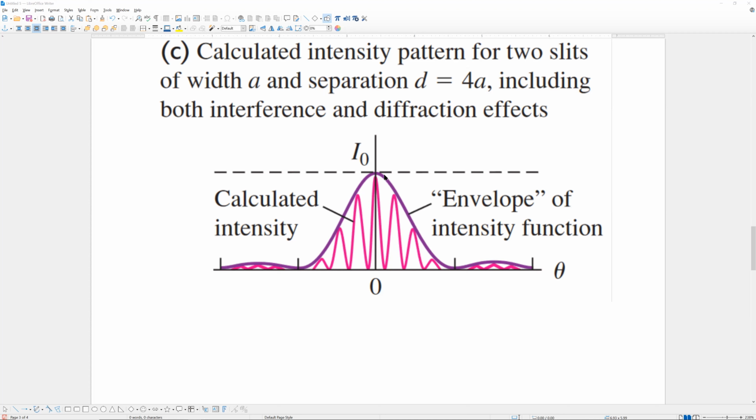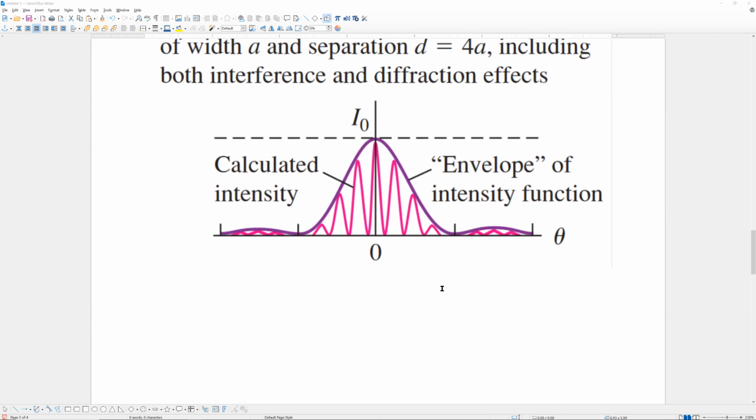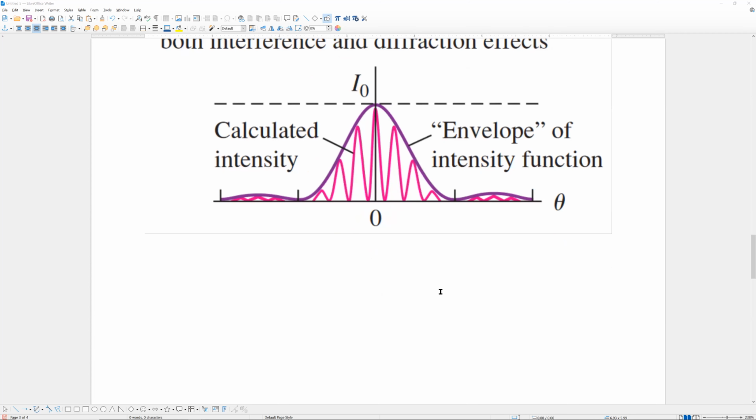So this is what you actually see: the intensity ends up being the product, meaning mathematically multiplying together the two-slit pattern times the single-slit intensity. And so you end up with something like that.